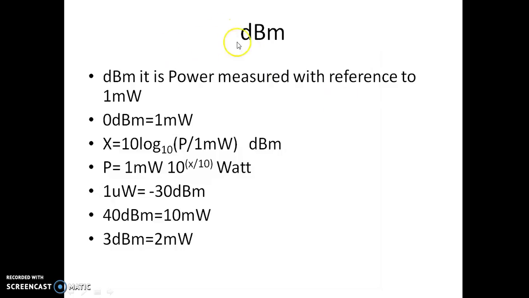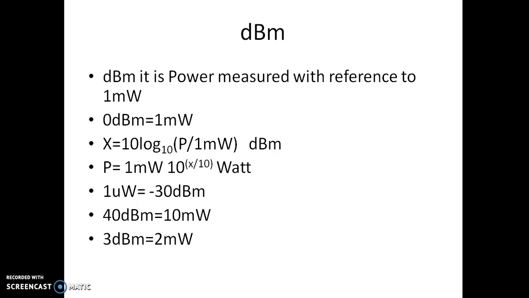Let us see what dBm stands for. dBm is the power measured with reference to 1 milliwatt. We know that in terms of power, dB is 10 log of the power relative to 1 watt.